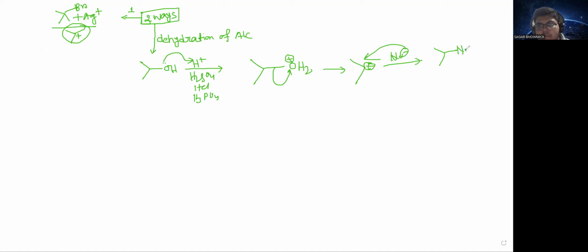If a nucleophile is not given, then an alpha hydrogen will leave and make a double bond. So this will be the fate of the reaction. The third way is diazotization. We will be discussing it. Before that, the second way I am discussing in a little more detail.